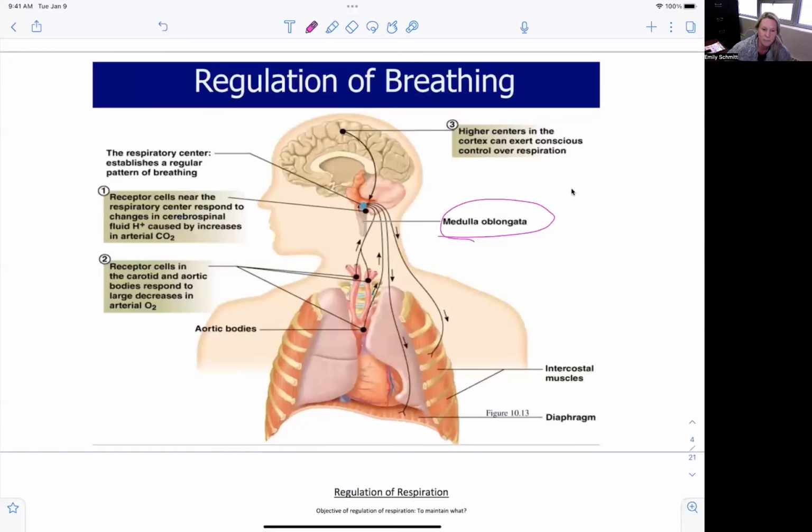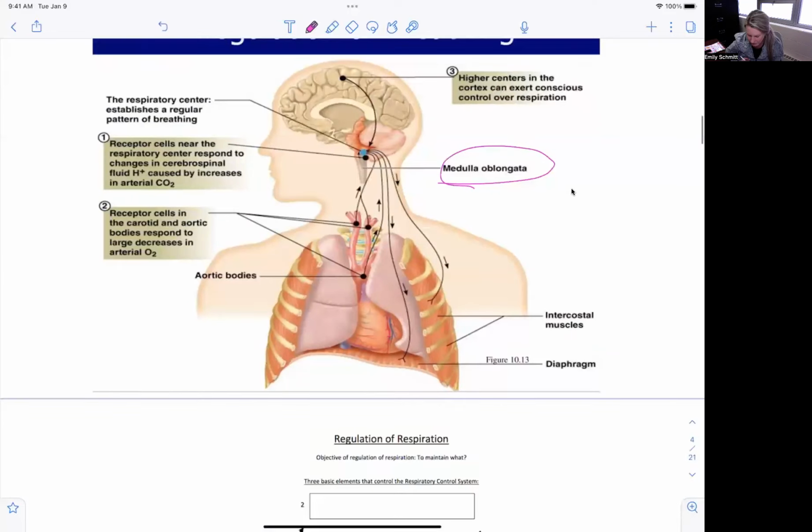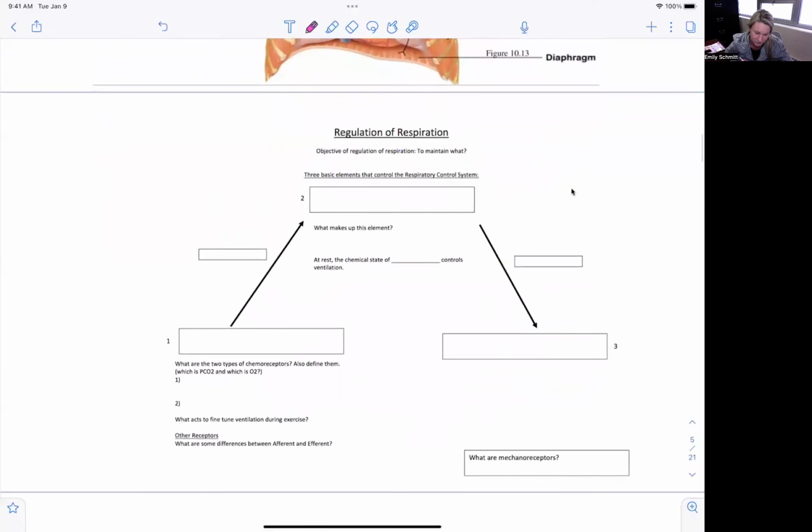We also have receptors in the carotid and aortic bodies that respond to large decreases in arterial oxygen, as well as higher centers in the cortex that can exert conscious control over respiration. So this is a little bit of anatomy and physiology intertwined into the regulation of breathing.